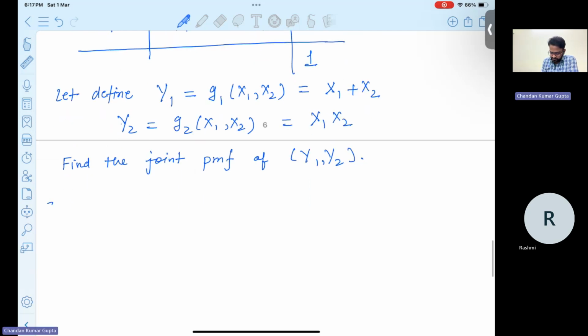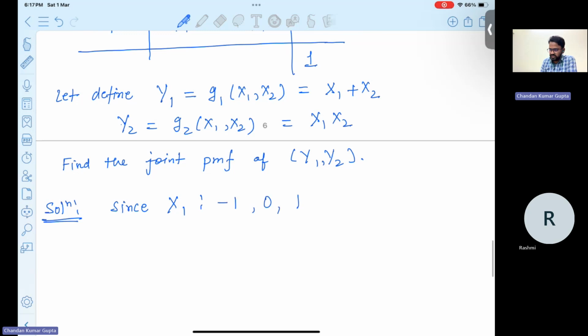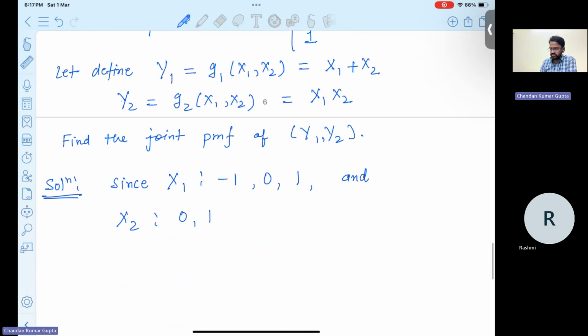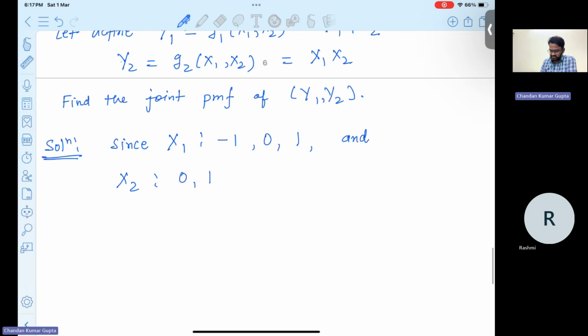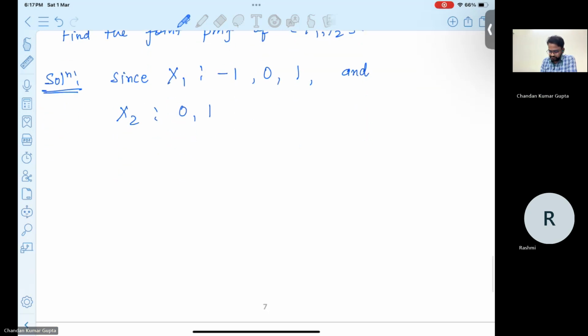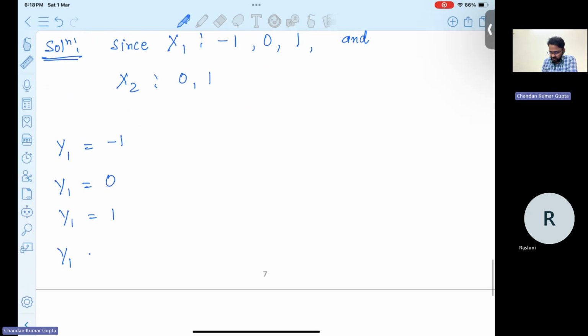So let me write, since x1 takes values -1, 0, and 1, and x2 takes values 0 and 1, on that basis y1 has either -1, y1 has either 0, y1 has either 1, or y1 has 2.